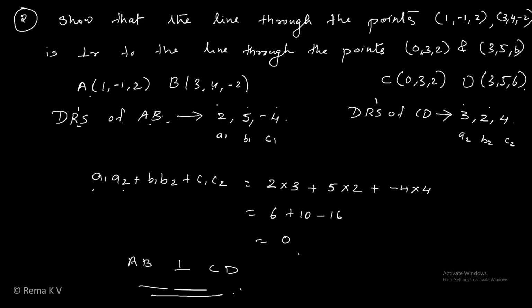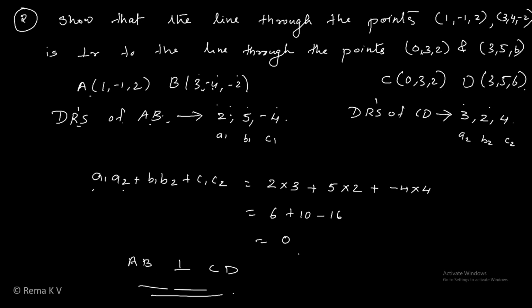Is it clear? Okay, always remember this one. When 2 points are given to you, you can find the direction ratios of the line passing through the 2 points by finding x2 minus x1, y2 minus y1, z2 minus z1.